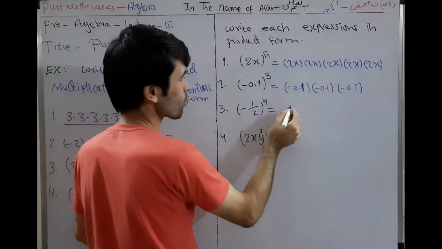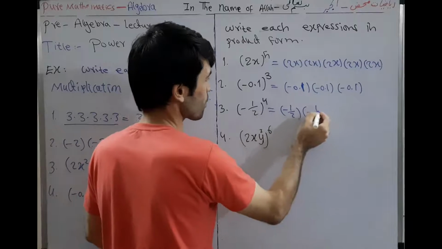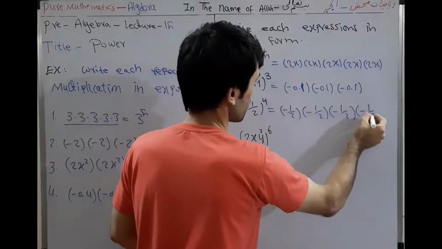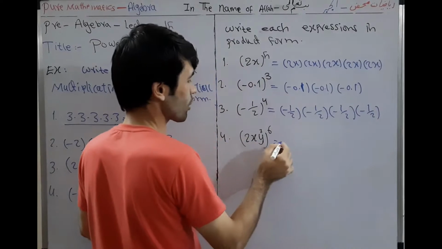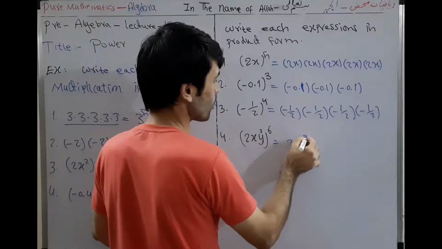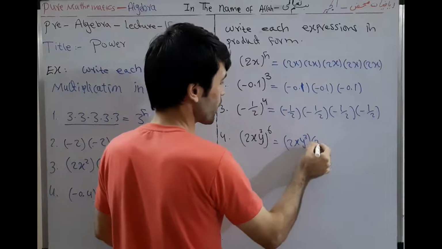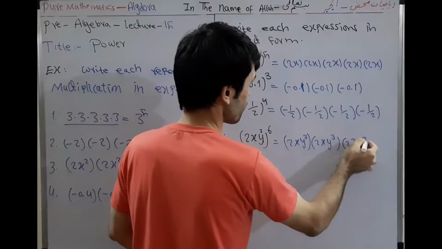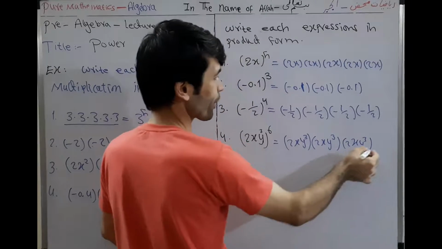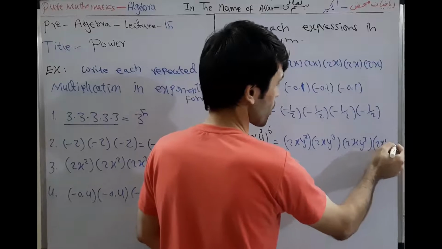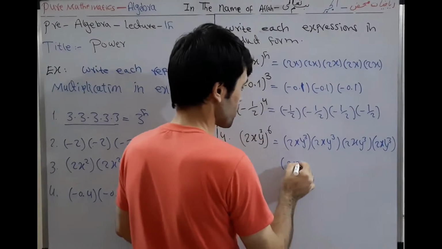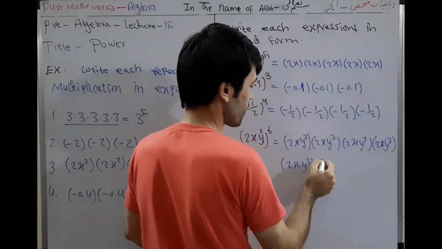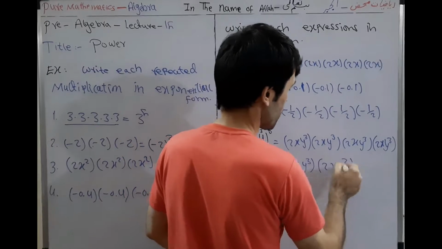It is equal to minus 1 by 2 into minus 1 by 2 into minus 1 by 2 into minus 1 by 2. Here we can write 2xy cubed into 2xy cubed, 6 times: 1, 2, 3, 4, 5, 6.